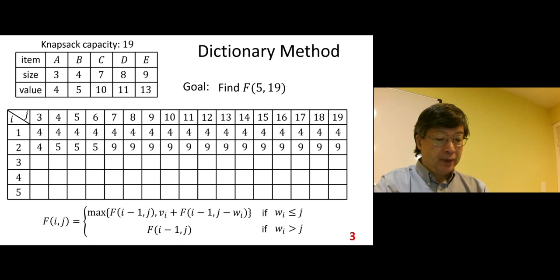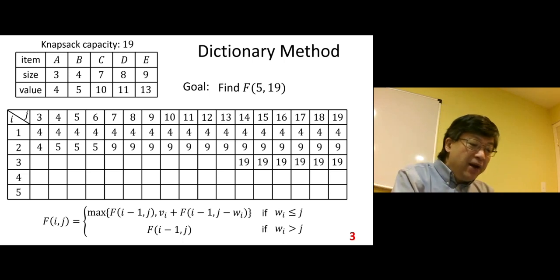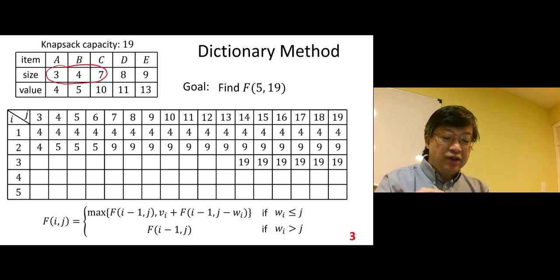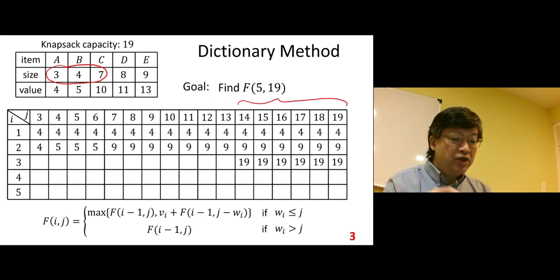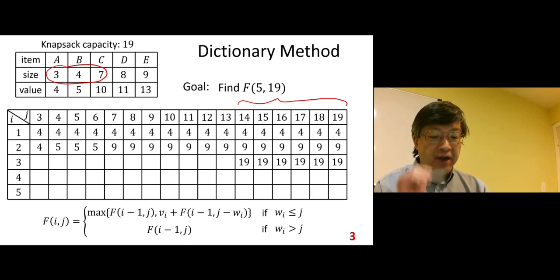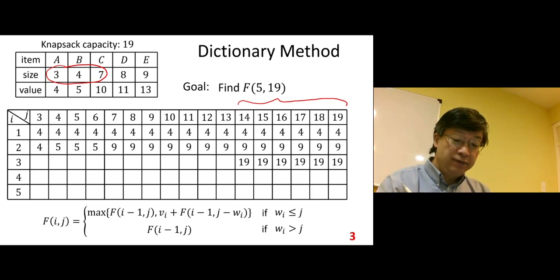Row number 3. All right, we add up all the 3 sizes. What's that? 14. So for size 14 or higher, we just put all 3 items, the value 19. That's the easy part.